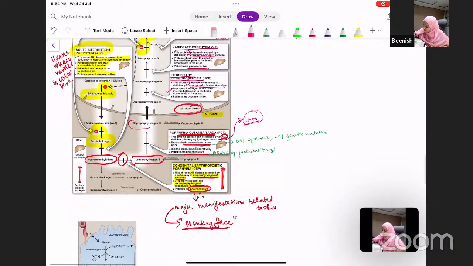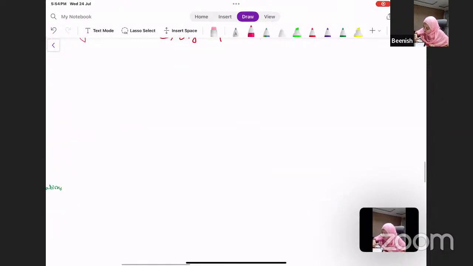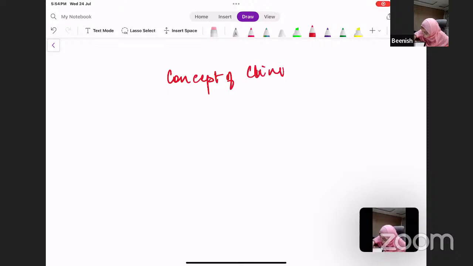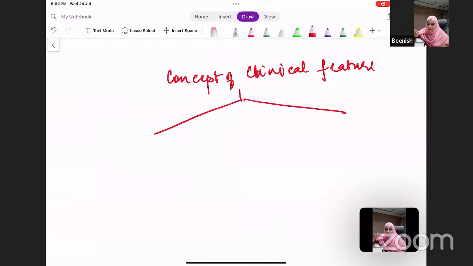Okay, and one important concept that you should know is when you are going to have photosensitivity and when not, the concept of clinical feature, that is, those enzymes which are coming early in the pathway.